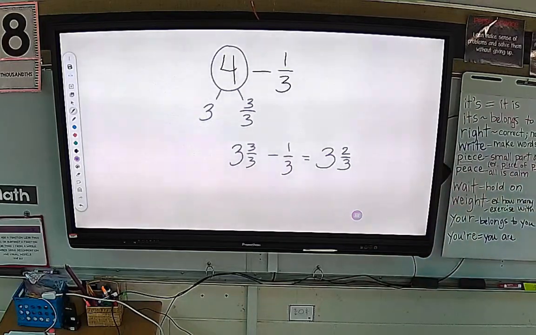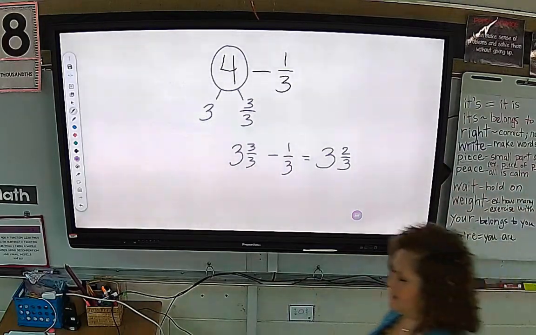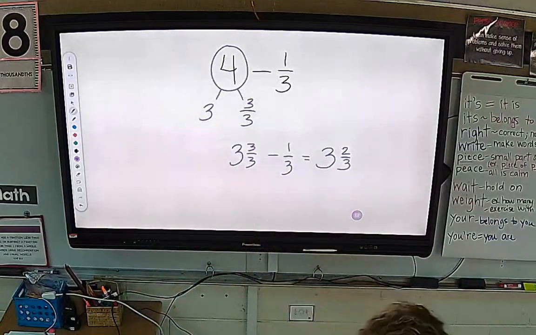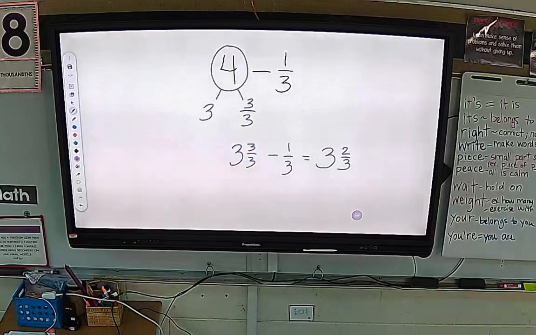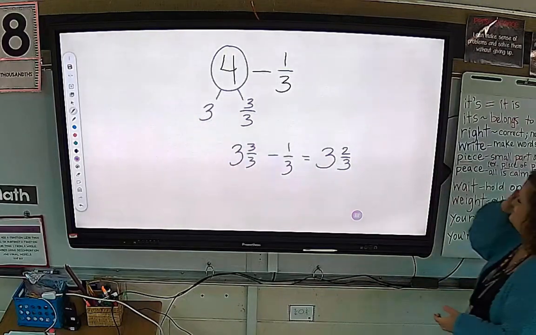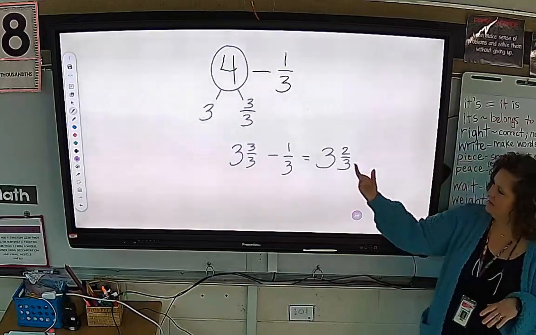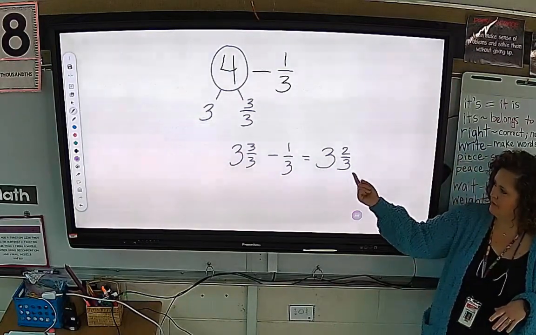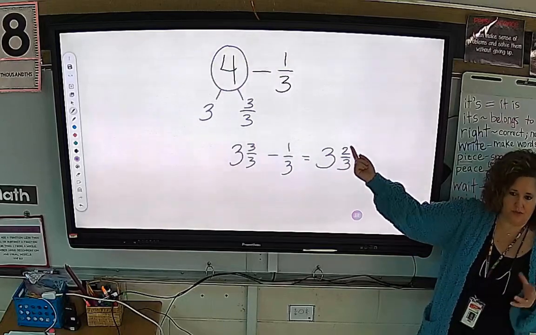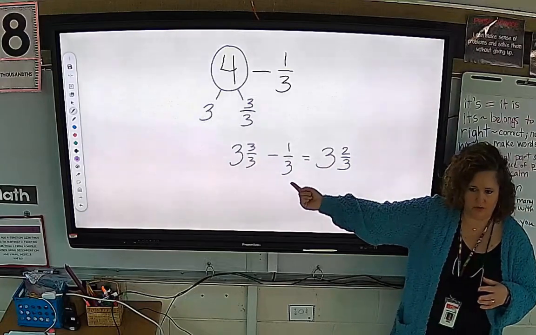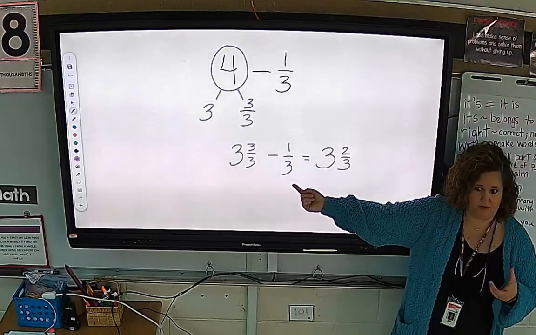Okay. All right, so like I said, this is a brain stretching day. Is there a way to check it? Yeah, to work backwards. Stop right there. Okay, but watch. If I take this mixed number and I change it to an improper fraction, 3 times 3 is 9, plus 2 more is 11, 11 thirds, and I add 1 more third to 11 thirds, I have 12 thirds.